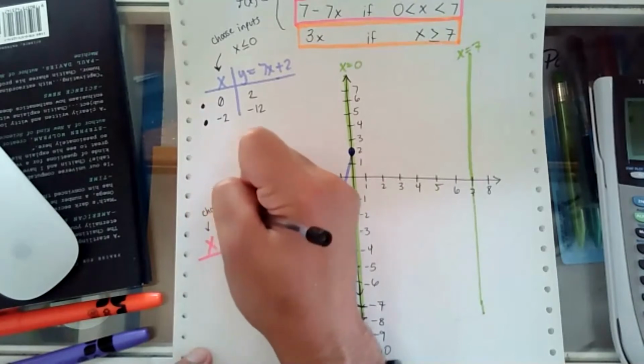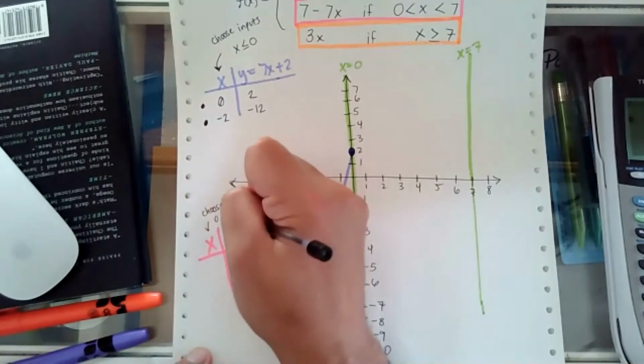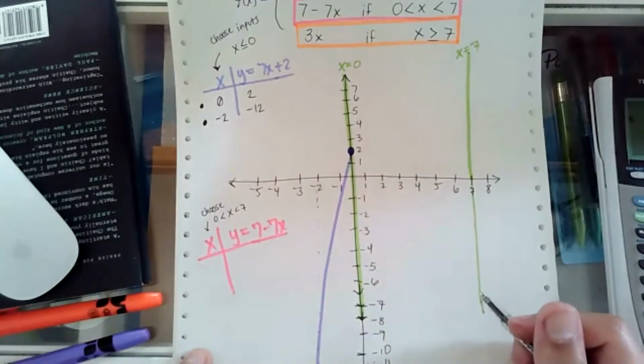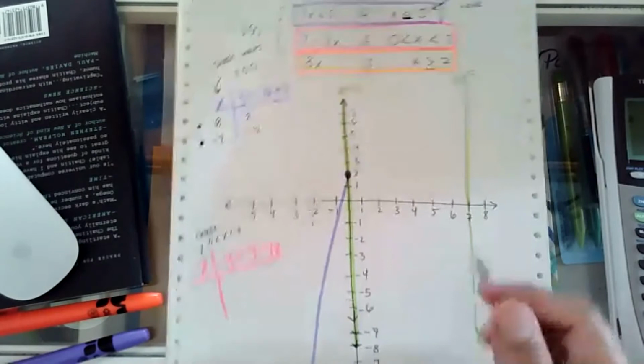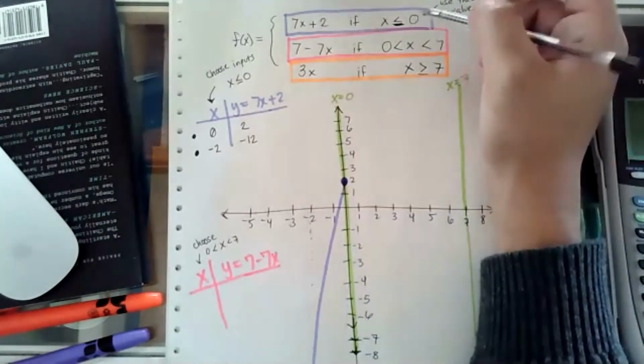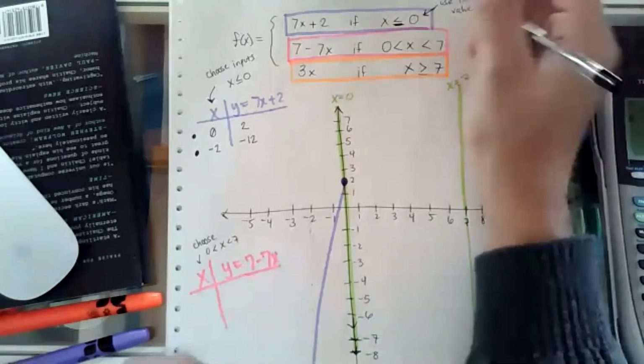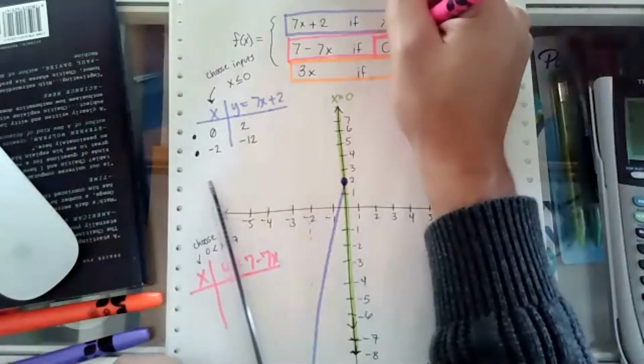So choose x between 0 and 7. But here I'm going to guide you. You don't want to choose something between 0 and 7. We're going to go ahead and choose 0 and 7.